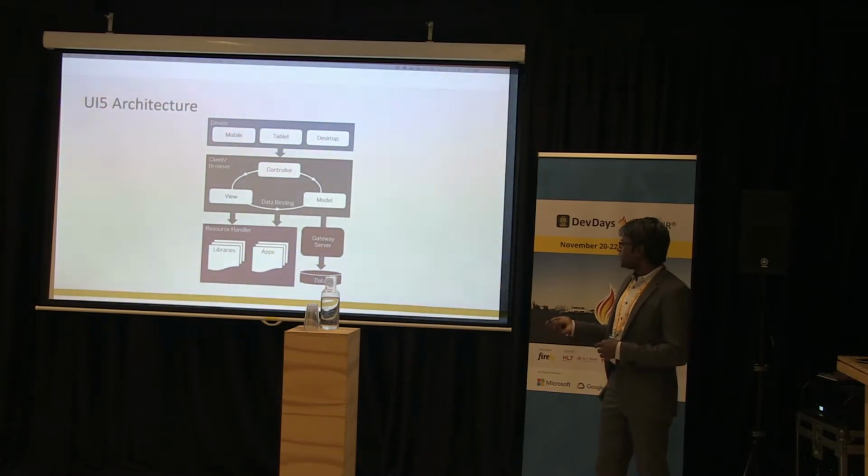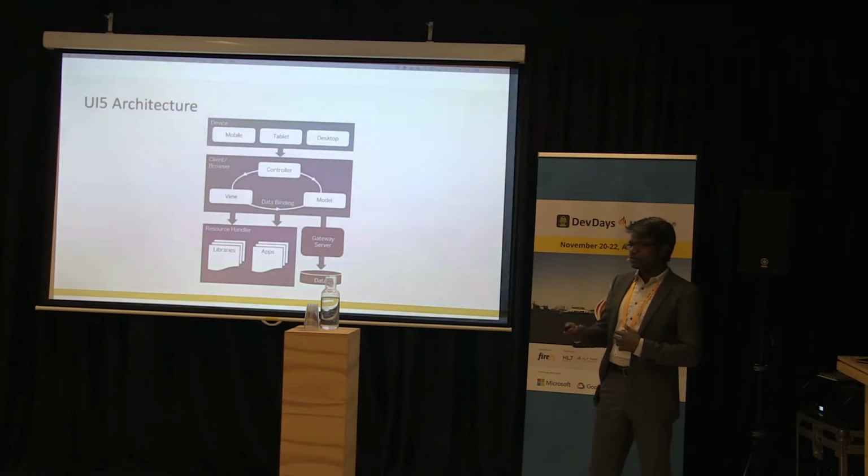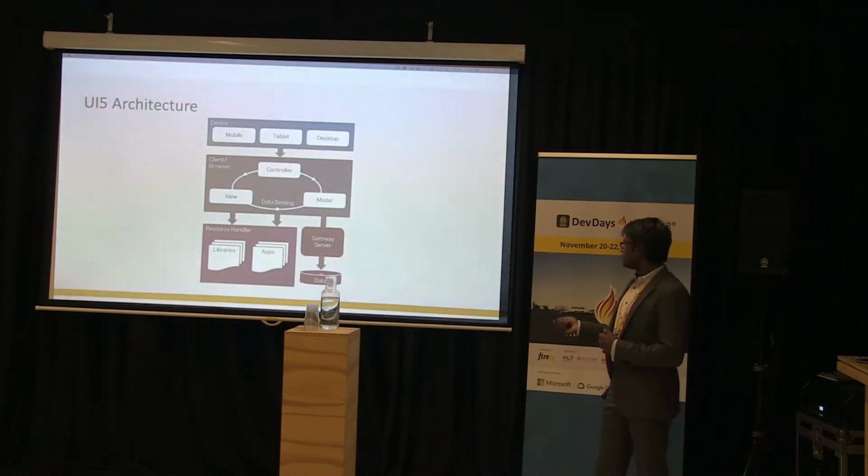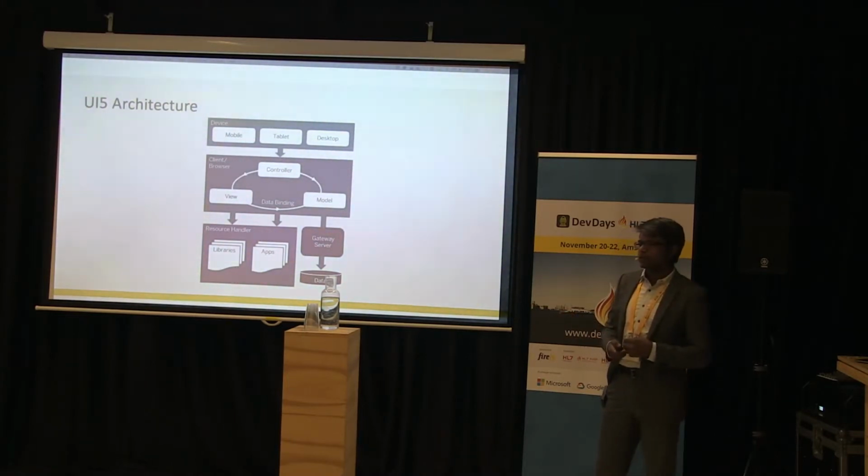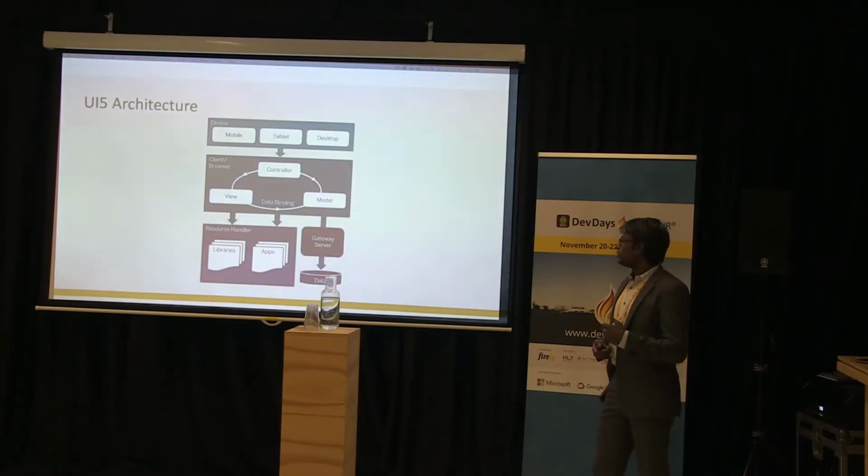And then the last layer is your resources. The resources could be files or static files that you might need, or some third-party libraries that you need in your application, or maybe even connections to other apps. And then finally, your database layer where you have your data. And your gateway server is a system which takes care of accessing this data and making it readily available for the application.